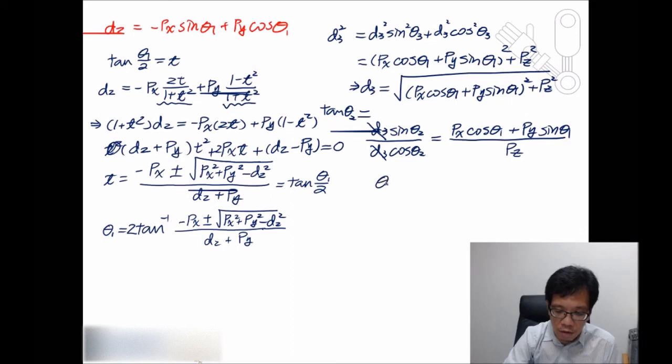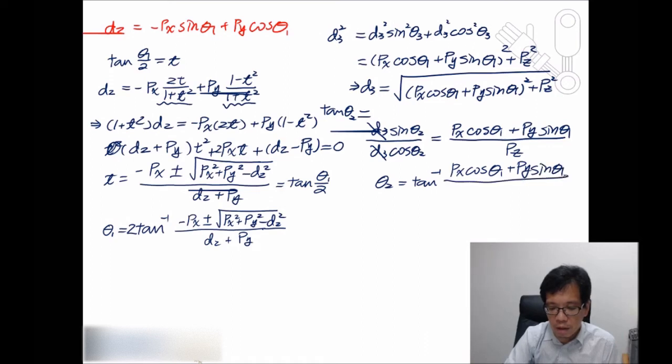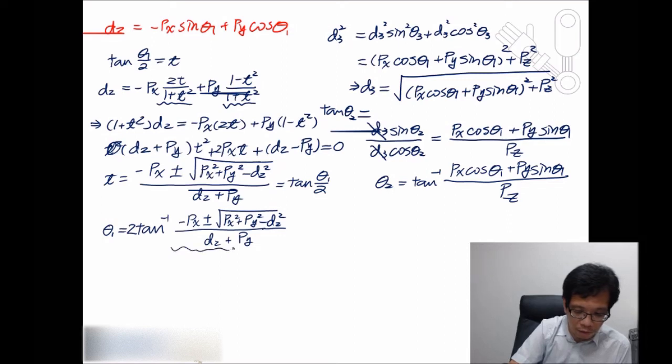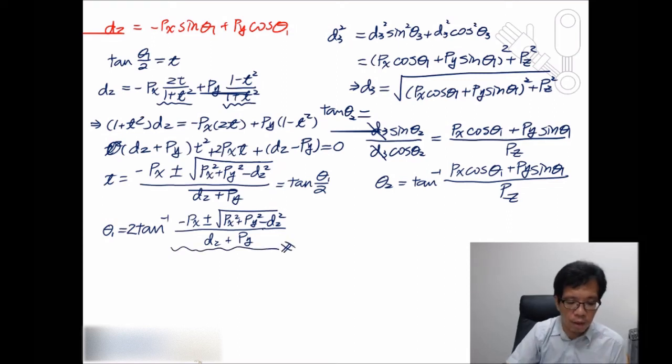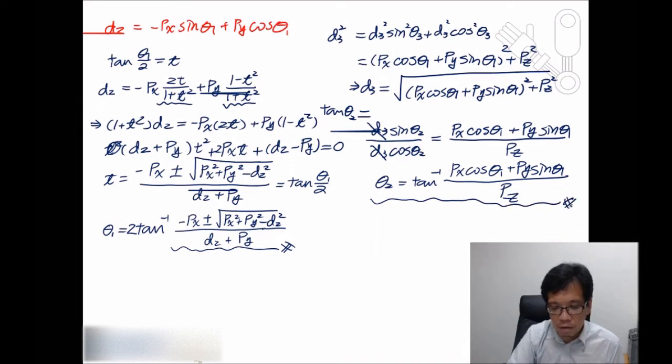So theta 2 is going to be arctangent of px cosine theta 1 plus py sine theta 1 over pz. Okay, my answer starts from here. I solve for my theta 1, I solve for my theta 2, and also I got my d3.